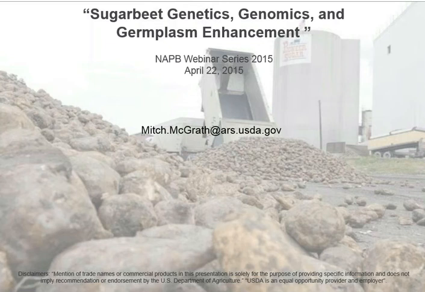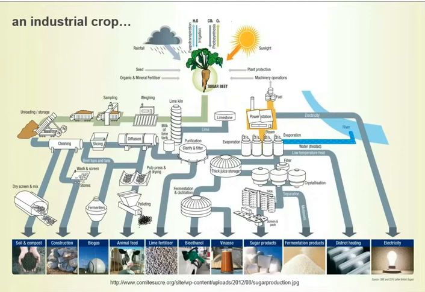In addition to being dirty, it's also usually pretty cold. Now those beets will be stored in piles for as long as it takes to process them all. So usually in Michigan anyway, it's November, the harvest, and then the processing campaign isn't done until usually beginning of March. So it is an industrial crop.